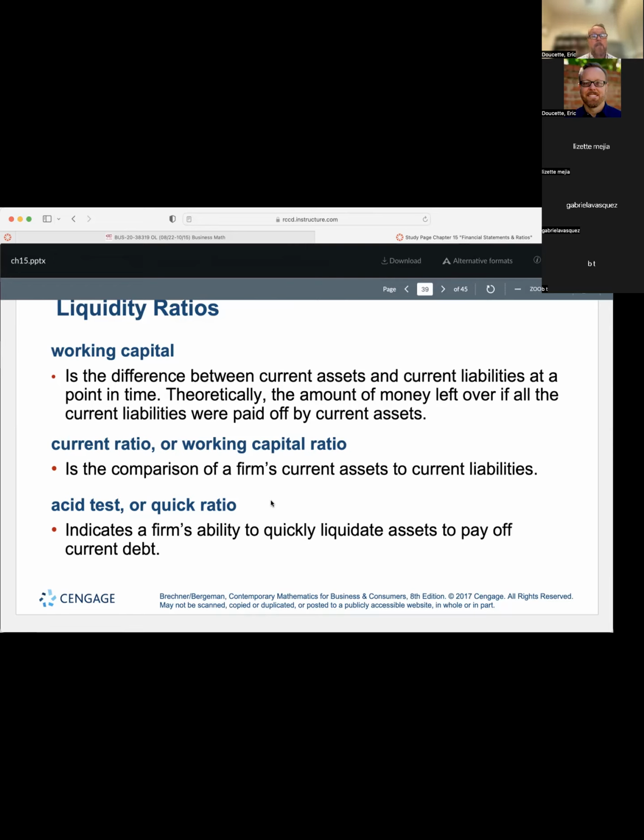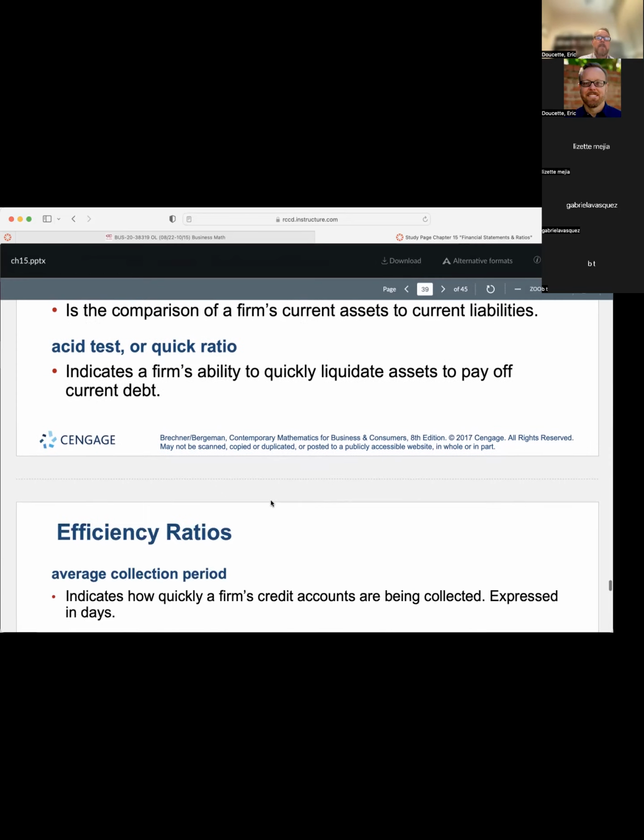So those are items you're going to want to know when it comes to determining your working capital. And then there's a thing called the acid test or quick ratio, which indicates the firm's ability to quickly liquidate assets to pay off its current debt. So how quick can I pay off my debt if I had to? And how quick can I turn my accounts receivable into cash? And so that's what you're getting into.